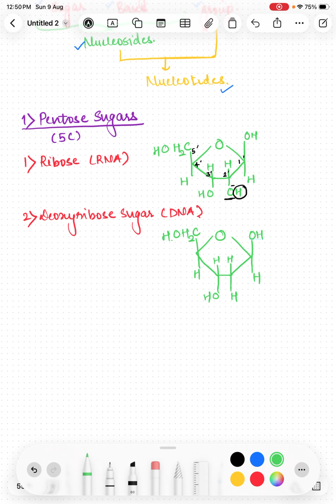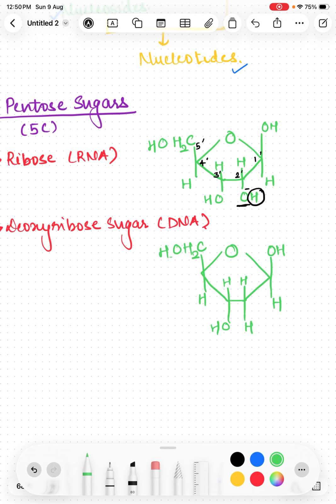So what we have seen that in RNA at 2 prime carbon hydroxyl group is present, but during change in pH hydrogen atom is sometimes removed at 2 prime end, and thus oxygen acts as a nucleophile, and this nucleophilic oxygen attacks phosphodiester bond.